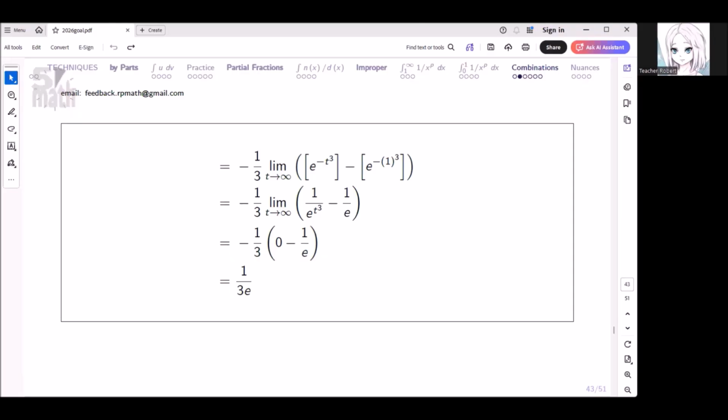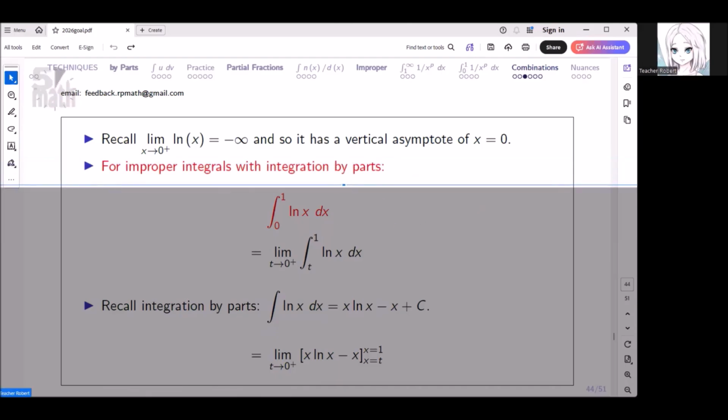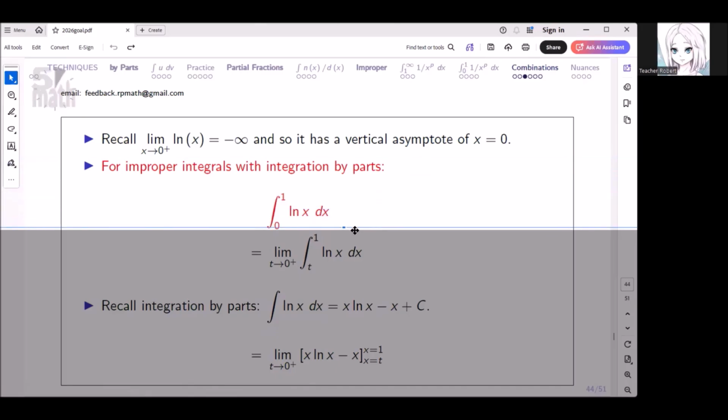And here are the calculations. We call the limit as x goes to 0 from the positive side of ln x equals minus infinity, and so it has a vertical asymptote at x equals 0. For improper integrals with integration by parts, integral 0 to 1 of ln x dx.